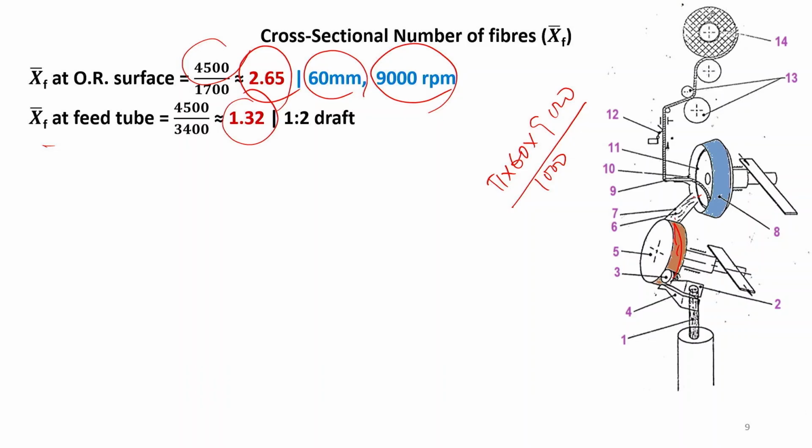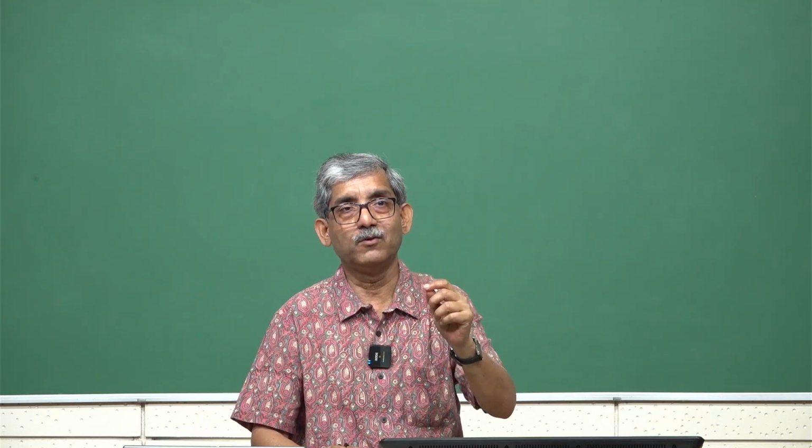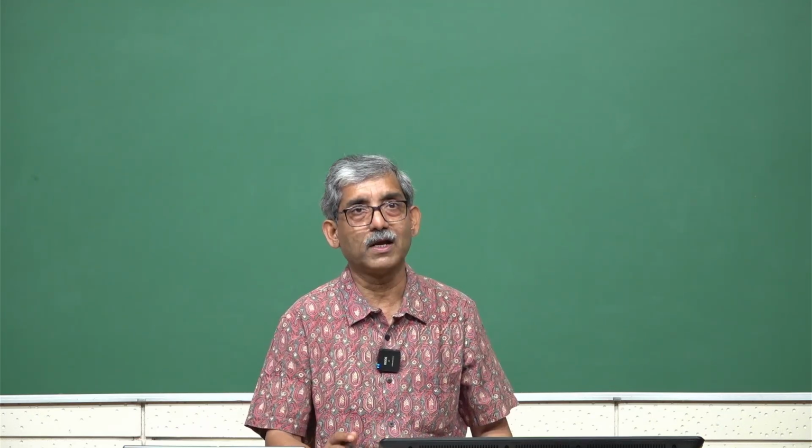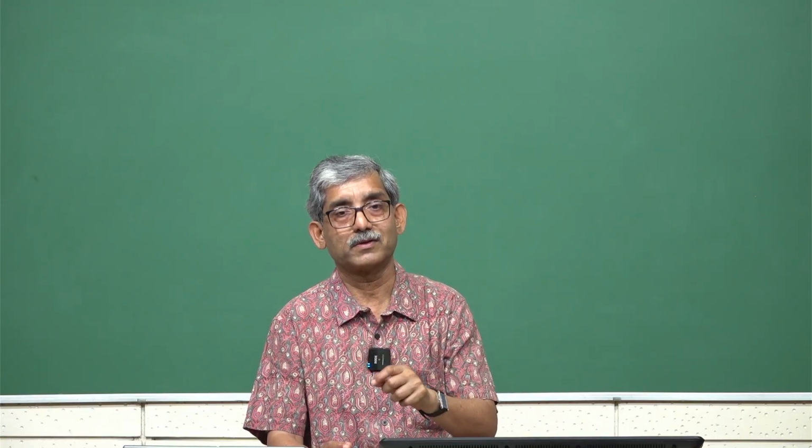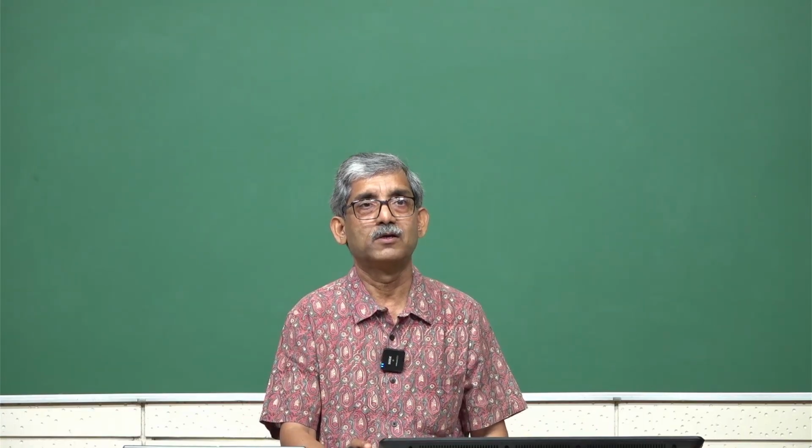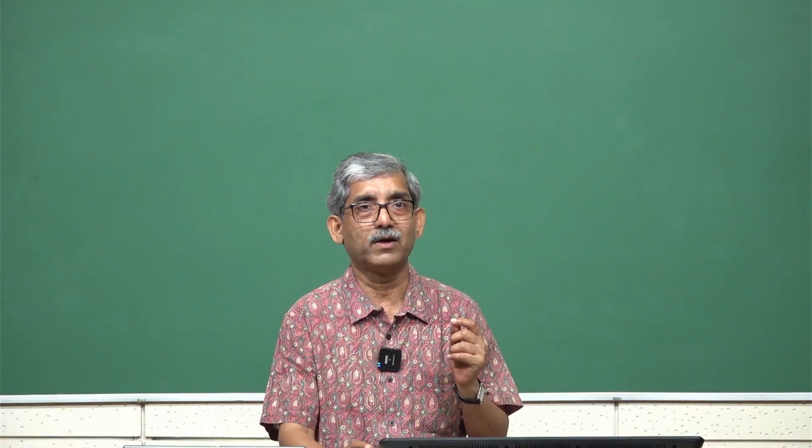Here the number of fibers were 2.65 on the opening roller surface, and these fibers are getting transmitted to the feed tube. But within the feed tube there is a pure air draft, that is 1:2. So, the feed tube exit is 1.32.